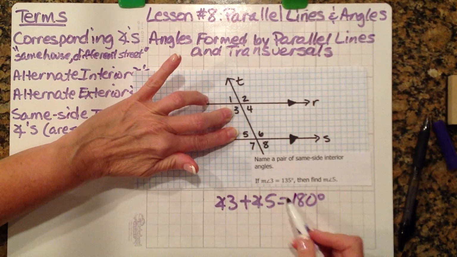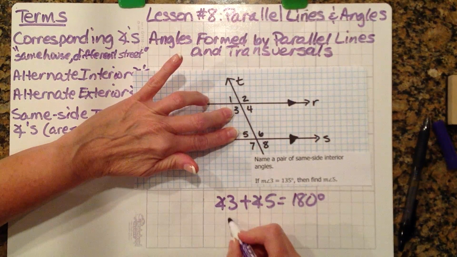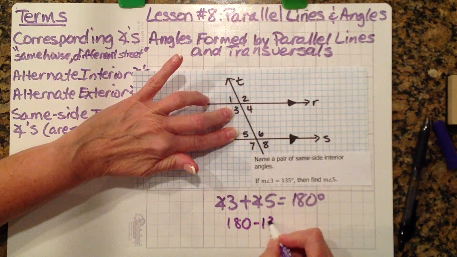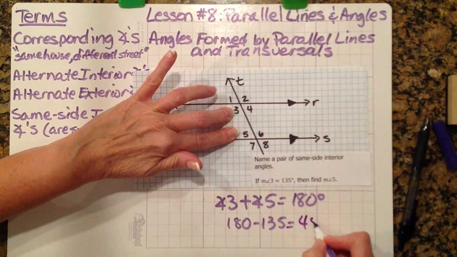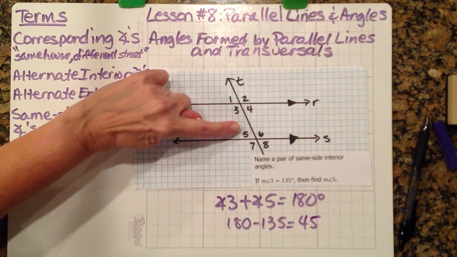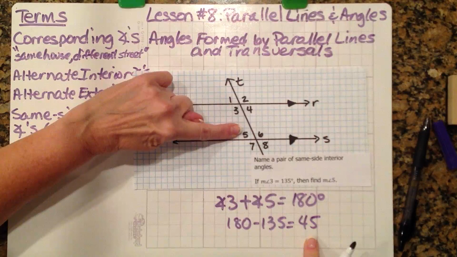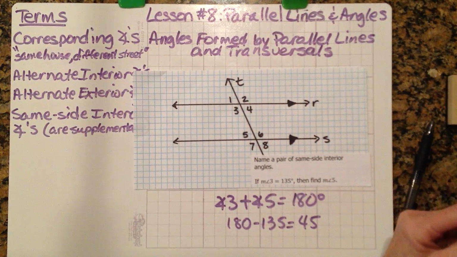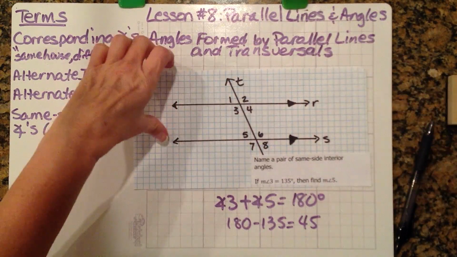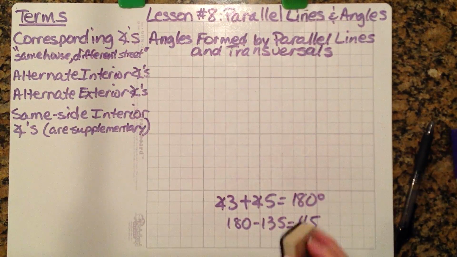So, if I have one angle that's 135, I just take 180, subtract 135, and then I'm left with 45. So the measure of angle 5 is 45 degrees. Make sure they add up to 180. Okay, moving on.